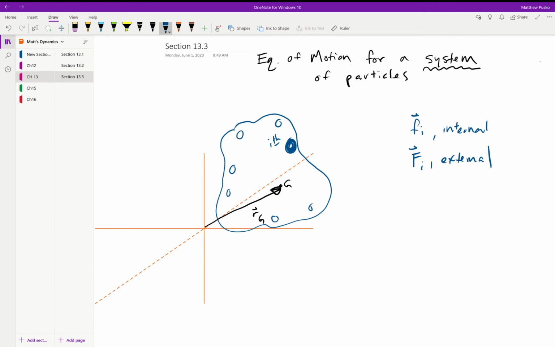If we have external forces, I talked about the Fi lowercase first. This is maybe all the forces acting inside. This is the internal resultant force, and we could have some external force also, the capital.